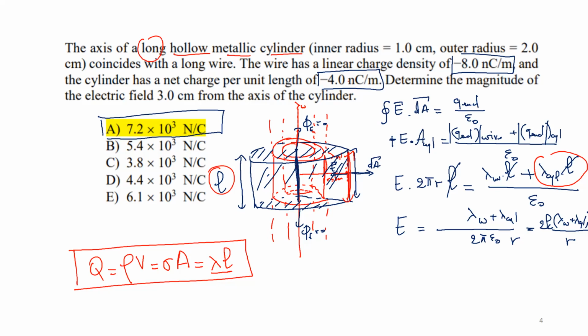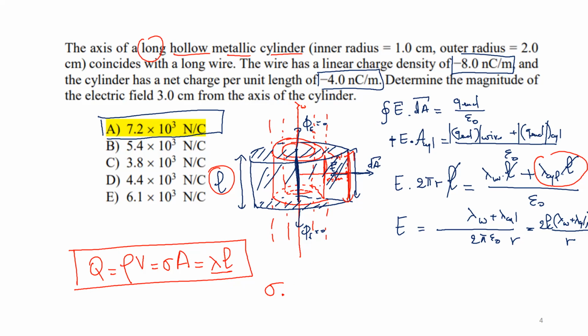If instead of giving you this, I gave you sigma, I tell you, oh, this hollow metallic cylinder has a surface charge density of sigma. That means if I want my total charge, which is enclosed by the Gaussian surface, it will be sigma multiplied by the area of the hollow cylinder.